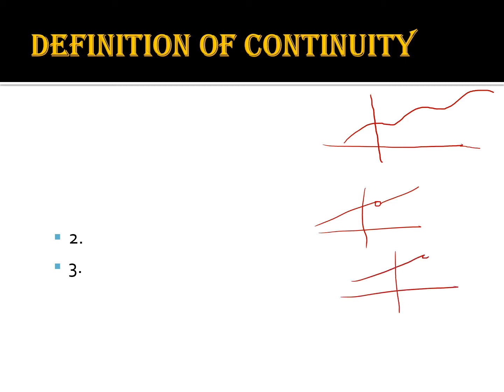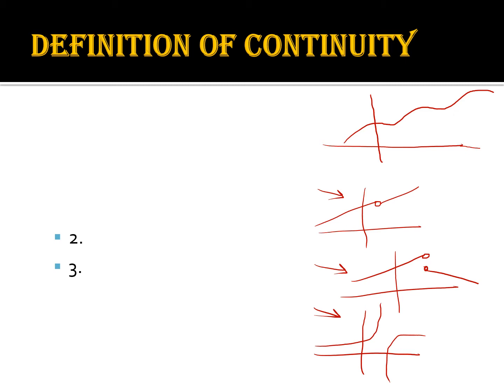Similarly, I don't find any broken lines, and I don't find any vertical asymptotes in the graph.